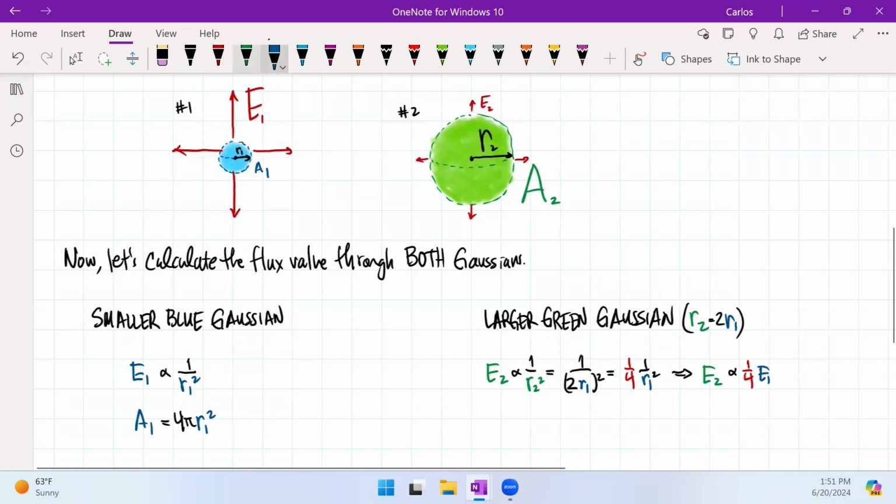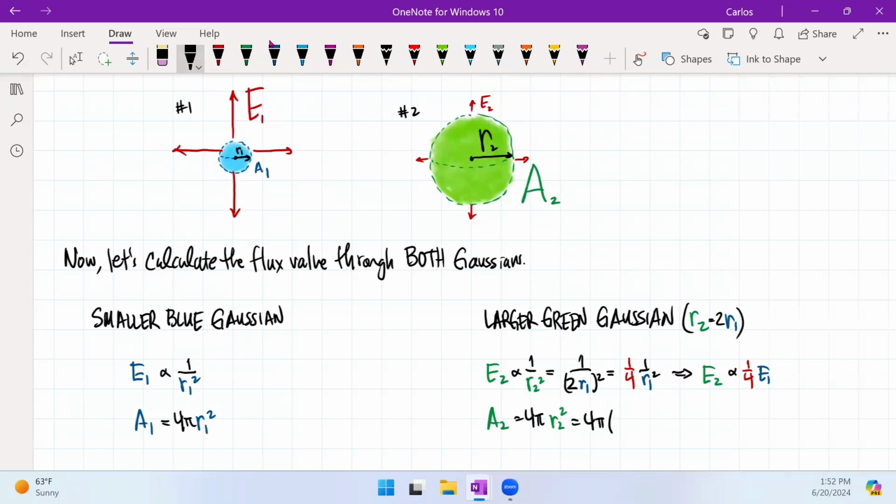I'm going to do the same thing with the area. So if I look at the area, we could then come in here and write the area, and of course that depends on the radius squared. But I have to connect it back to R1. So if I do that, I'm going to get 4 pi, and then I'm going to get this special number of 2 times R1 squared.